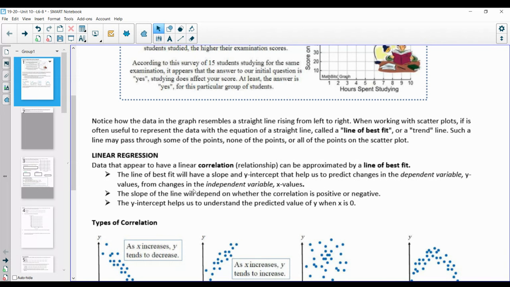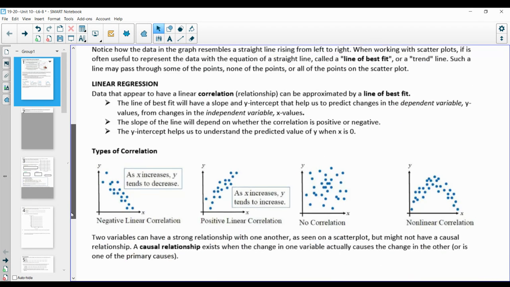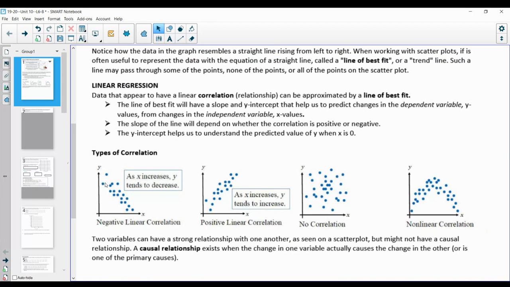So we talk about the slope of the line will depend on whether the correlation is positive or negative. Well, if you look here, we have types of correlations. Here we have a negative correlation. And that would mean that the slope would technically be a negative. And that means as x increases, y decreases.